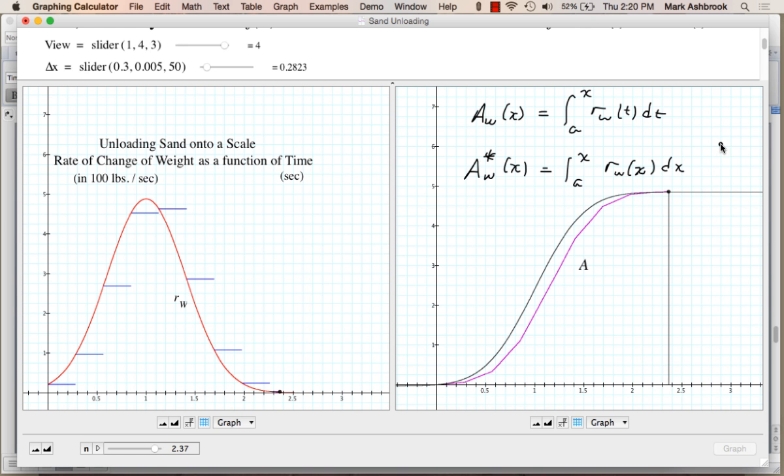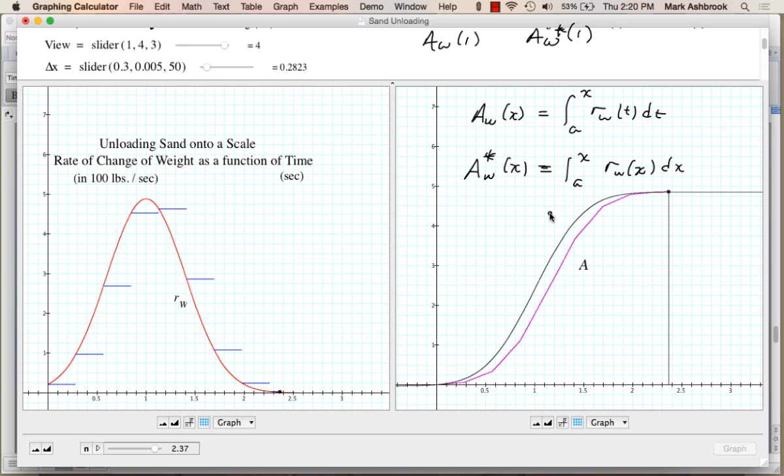So the way you can think about this, I'll give you a second, is to evaluate both these functions, say at 1. Think of what A_W of 1 would be, and what A_W star of 1 would be, based on the way that we've set the rule up. Take a moment to investigate that with the people at your table.